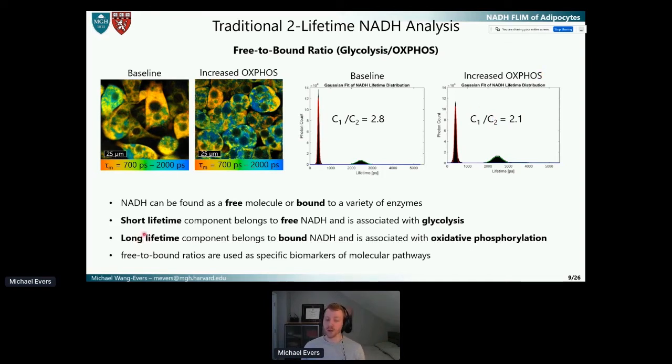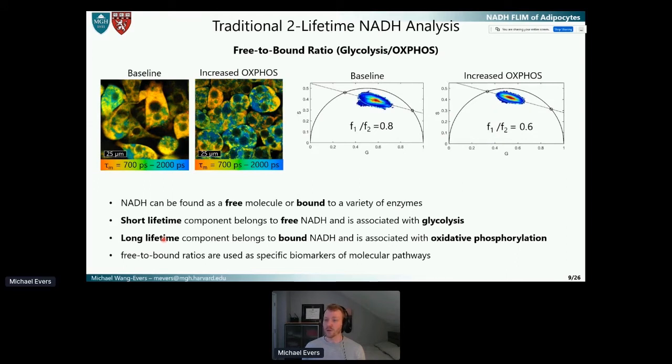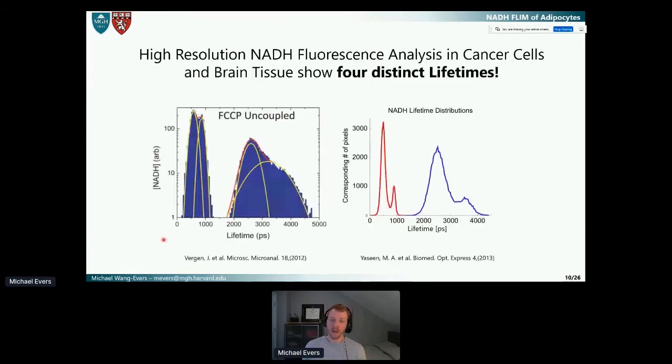Traditionally, the short lifetime component is associated with the free NADH and glycolysis, and the long component with the bound NADH and OXPHOS. And you can also do the same analysis with the phasor plot. And as you can see, you can also see changes.